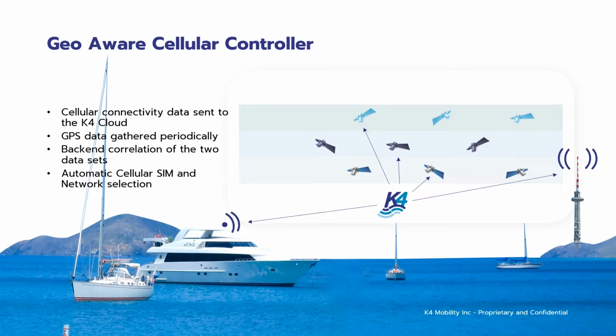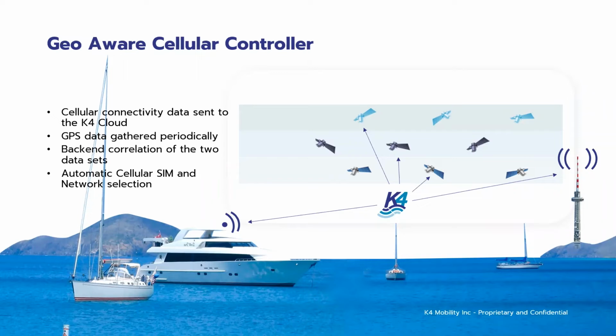We collect basically the cellular connectivity data, so we know what LTE carrier you're connecting on, what towers you're connecting on. We collect all your signal strength data. And we've been populating our systems on the back end for a long time. And so now we're starting to also collect the GPS data and marry that information together. Okay, so now we're doing some back-end correlation between your location and your LTE connectivity status.